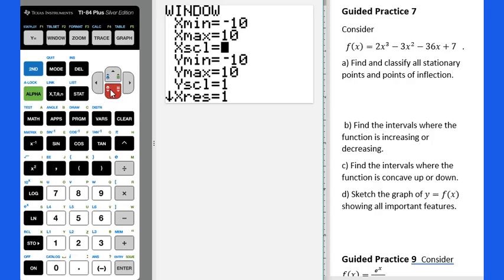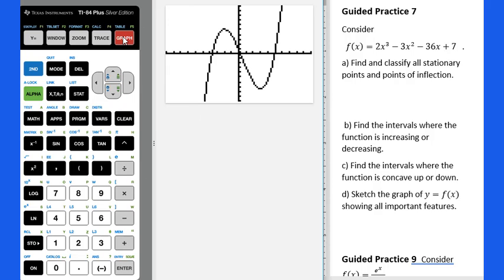For the minimum, let's do negative 100. Then here's 100 for maximum. For the scale, you just always use maximum and minimum and divide it by 10. So we got the 10 here, we graph.